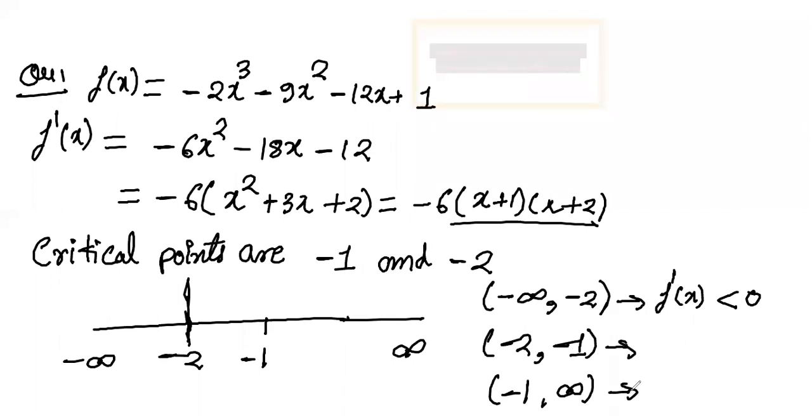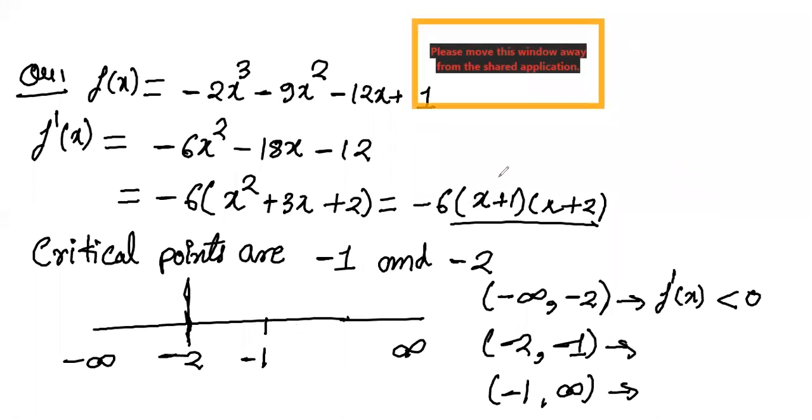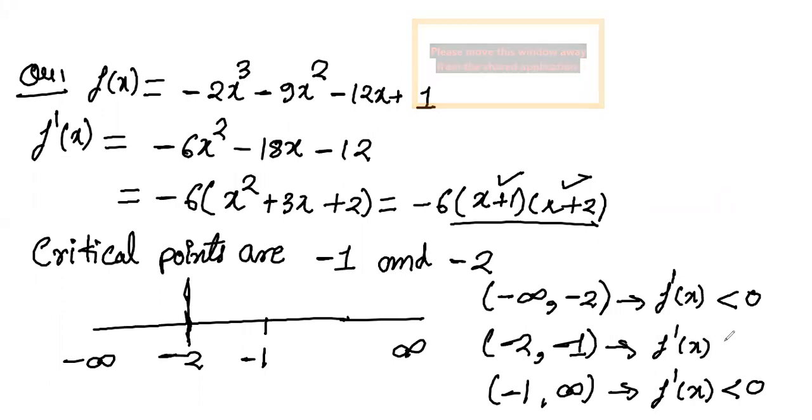And from minus 1 to infinity, the value is more than minus 1 and more than minus 2, so x plus 1 and x plus 2 are both positive, so f dash x will be negative. And from minus 2 to minus 1, f dash x is positive. So the function is decreasing here, then increasing here, and then decreasing here.